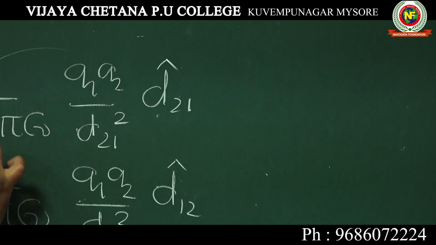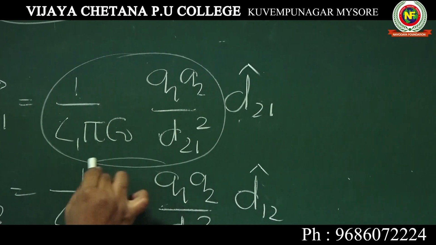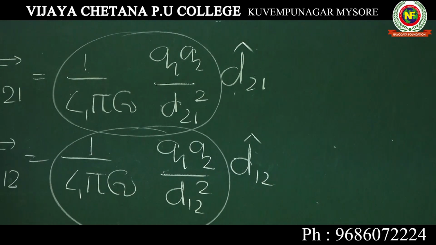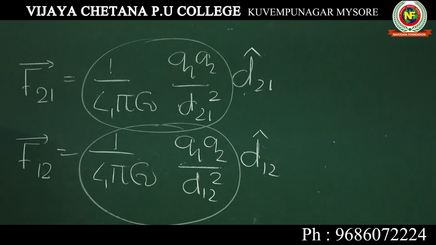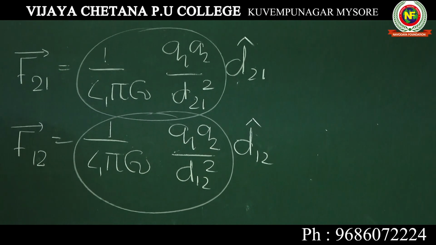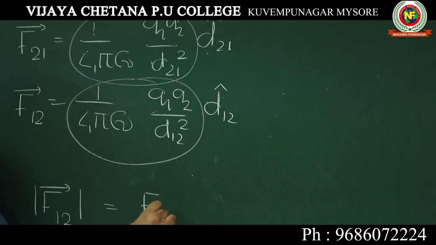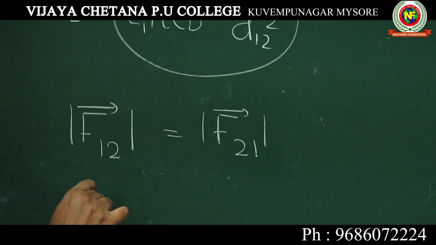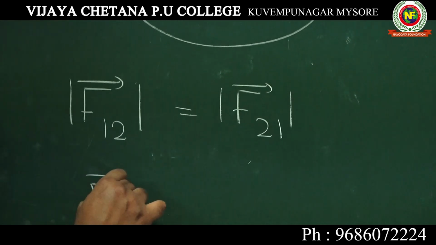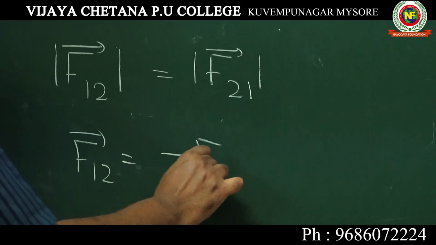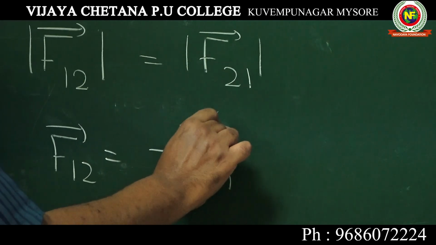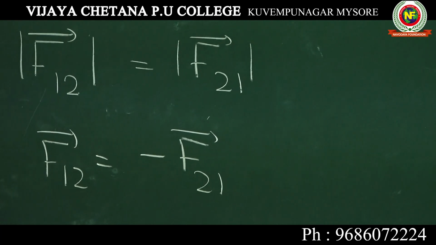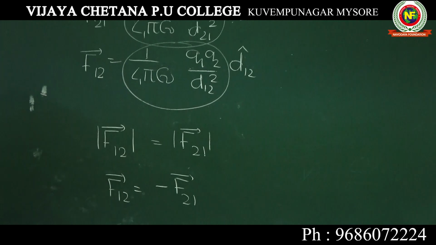Exactly, the two are the same in magnitude. Magnitudes are identical, only directions are changing. Therefore, F12 vector in magnitude will be exactly equal to F21 vector, but F12 vector in direction is opposite to F21 vector. So you must remember, forces are equal in magnitude but opposite in direction.